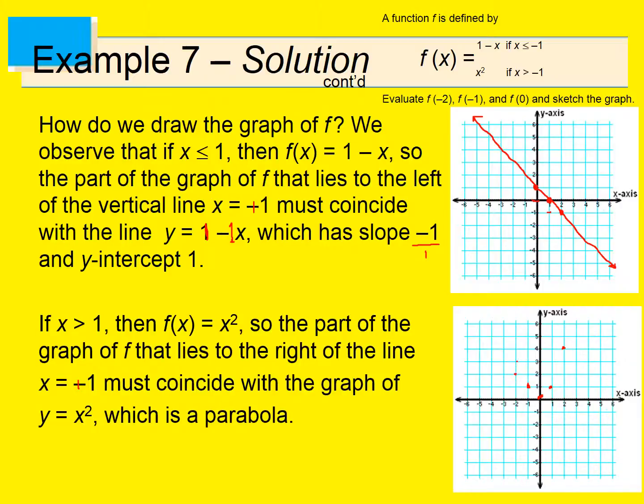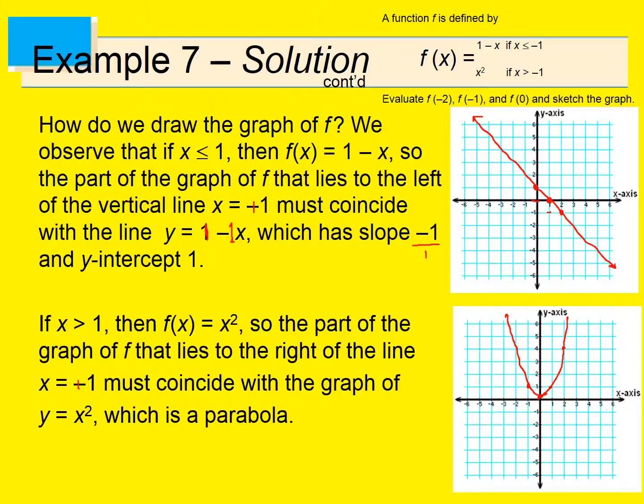Whoops, that point's not on the graph. Negative 2, 4 is on the graph. So without the if, you have this.